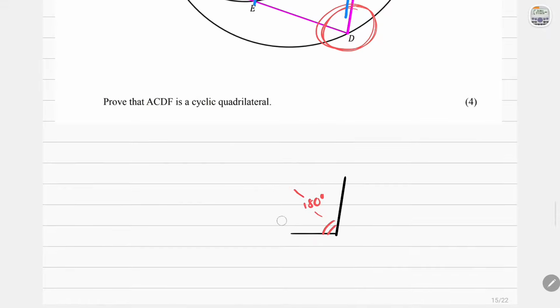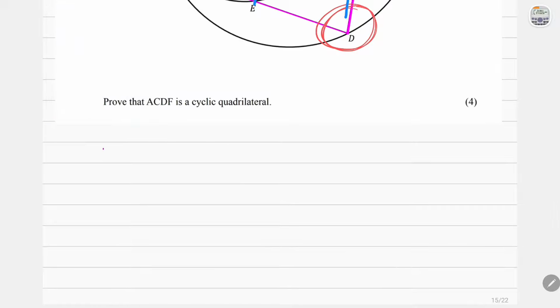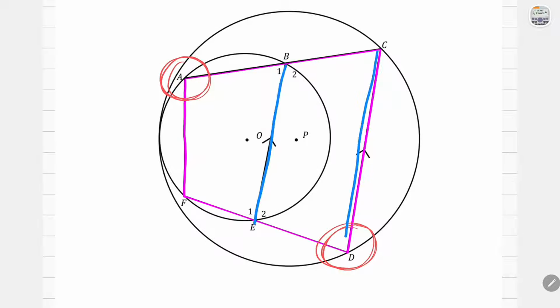So that's what we're required to prove. Okay, so I'm going to put that down. RTP, required to prove, is we're required to show that angle A plus angle D adds up to 180 degrees. And if we can show that, then it means that the shape is a cyclic quad because the opposite angles add up to 180 degrees.